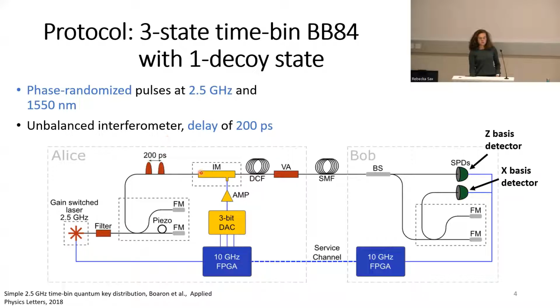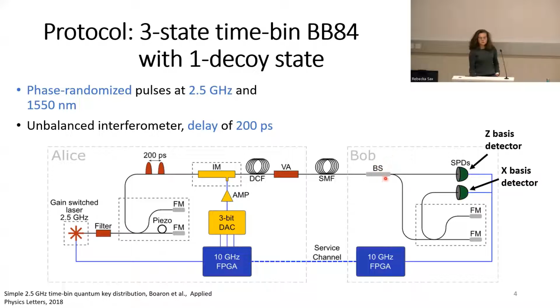These pulses then enter our intensity modulator, where we encode our states. Then we pass through dispersion-compensated fiber and a variable attenuator to attenuate down to single photon level. We then exit our transmitter, Alice, and go through single mode fiber into our receiver, Bob.